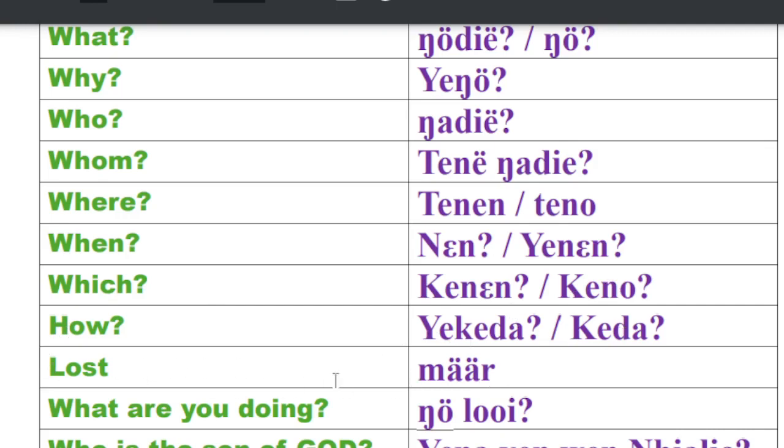Loss, mar. What are you doing? Ngoloi or yengoloi. Who is the son of God? Yenga yen wan nialich. Why you lost? Yengo shin mar, yengo marine. Where did you get lost? Yimar tano or yimar tanen. When did you run? Yenen ket yin. I am lost. And chimar.